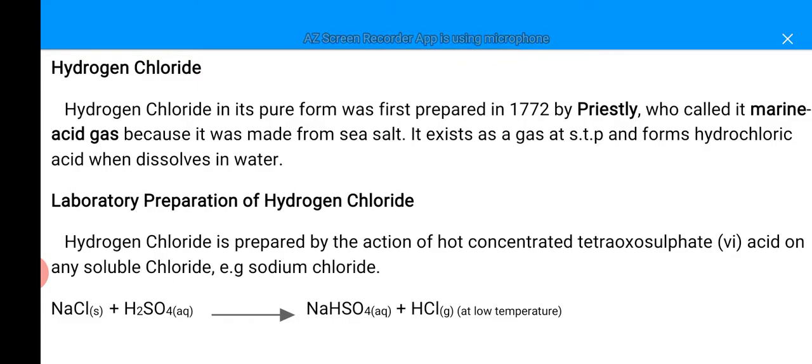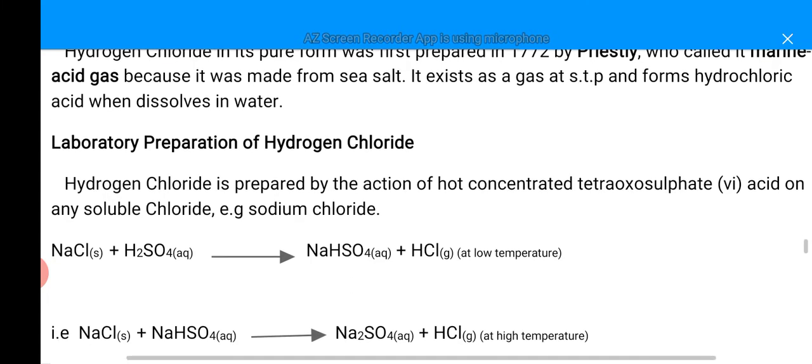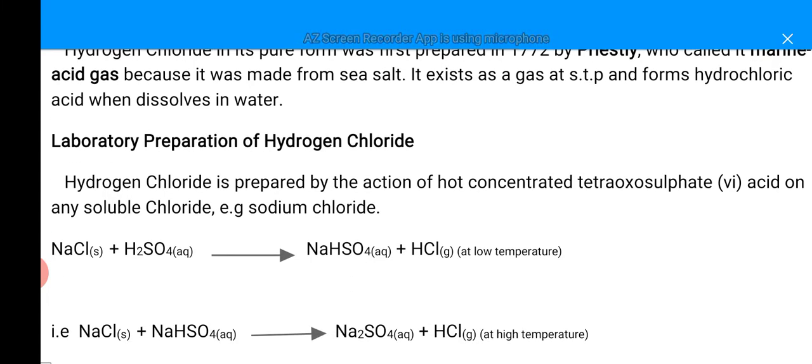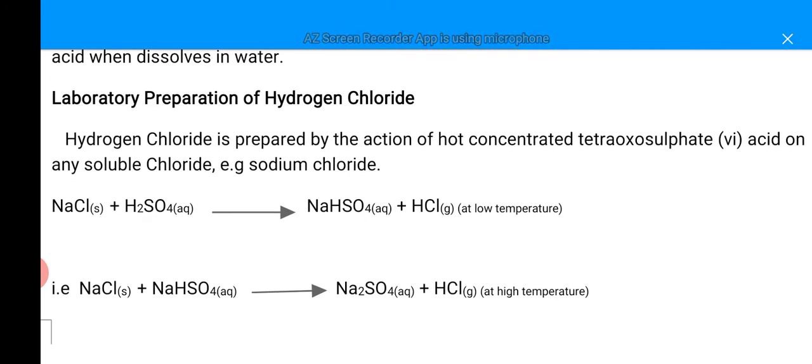This gas, how can it be prepared in the laboratory? Hydrogen chloride is prepared by the action of hot concentrated tetraoxosulfate(VI) acid on any soluble chloride, be it sodium chloride, calcium chloride, and the likes. As you can see in this equation, NaCl plus H2SO4 giving us NaHSO4 plus HCl.